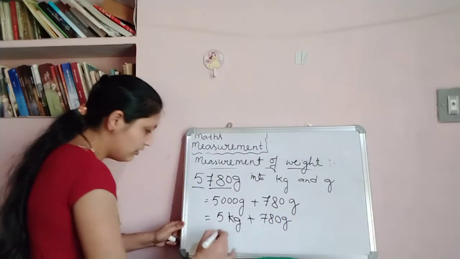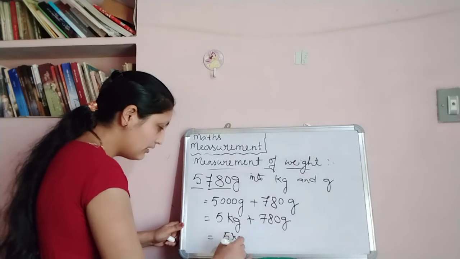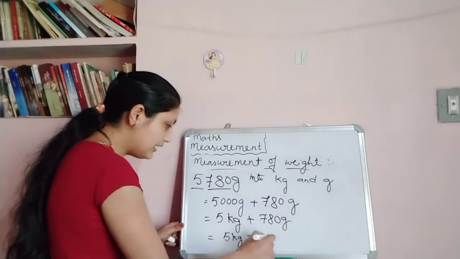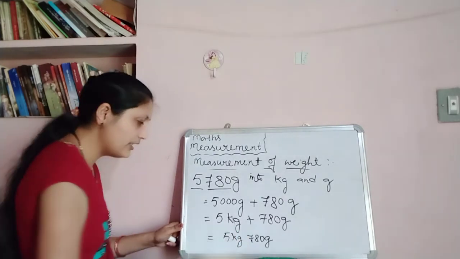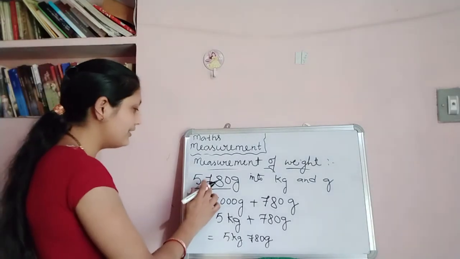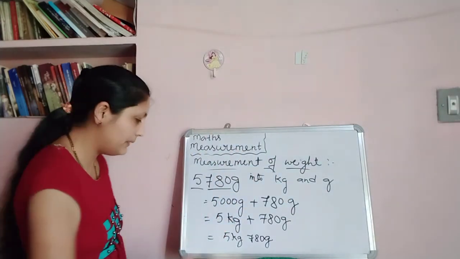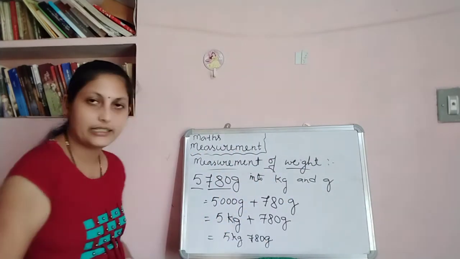So we can write this as 5 kg 780 gram. So 5780 gram, when you convert it into kg and gram, will be 5 kg 780 gram.